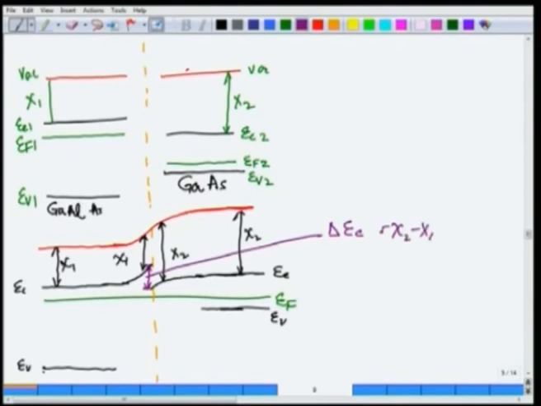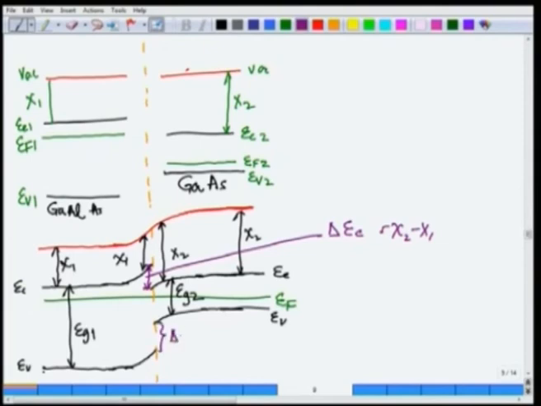And now, similarly, I am going to draw this part of the band diagram. This must also exactly follow that, because everywhere it should be Eg1, and this must follow exactly like this, because everywhere it should be Eg2. And what is this quantity?